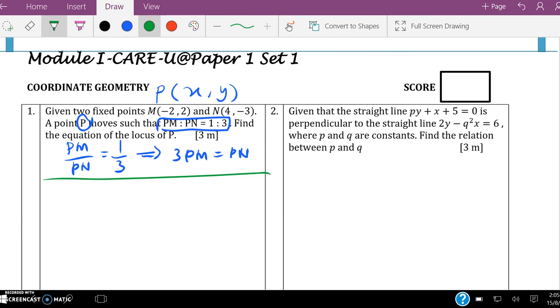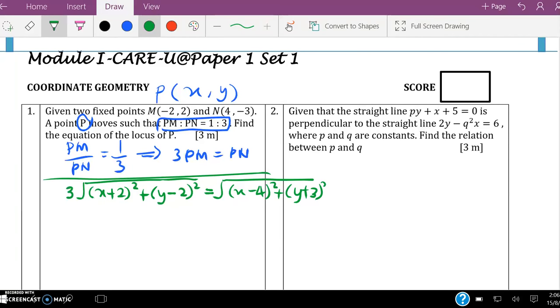Now let's do it in green pen. From the equation of distance here, we can write 3 square root of x plus 2 squared plus y minus 2 squared equals square root of x minus 4 squared plus y plus 3 squared.